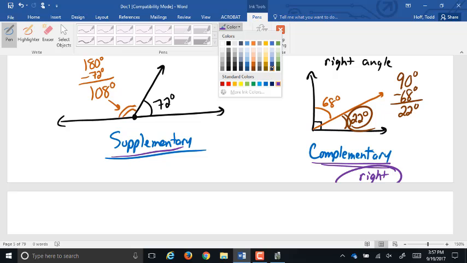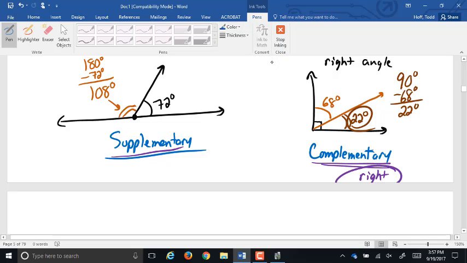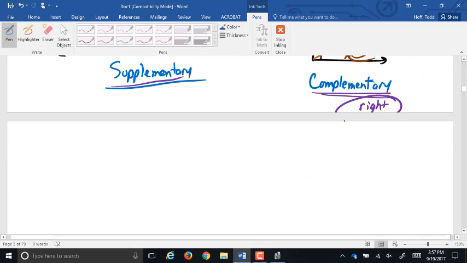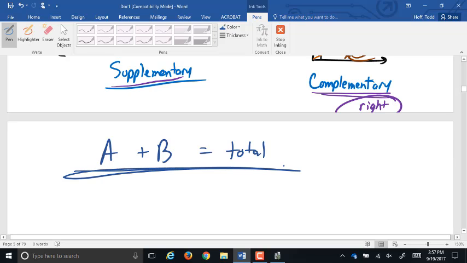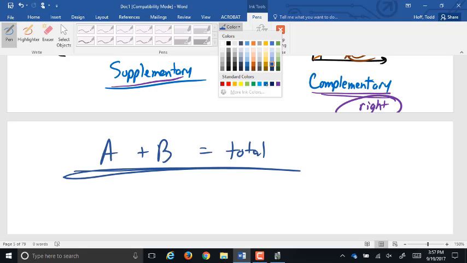So what we've shown here is a situation where two things add up to a total. A plus B equals the total. Either two angles add up to 180 or 90 degrees. There are other things we can run into.